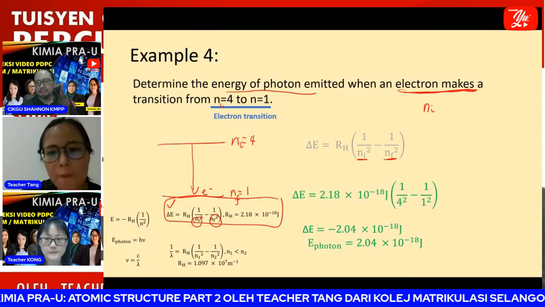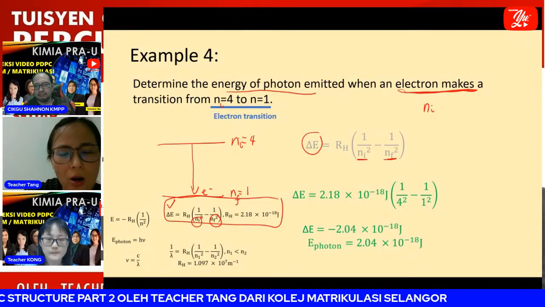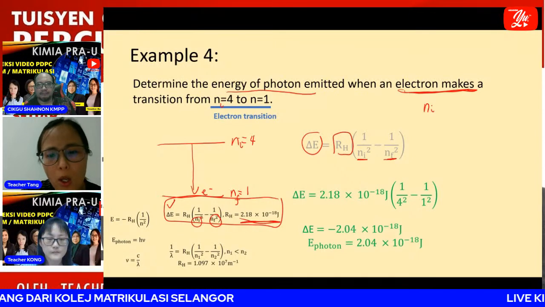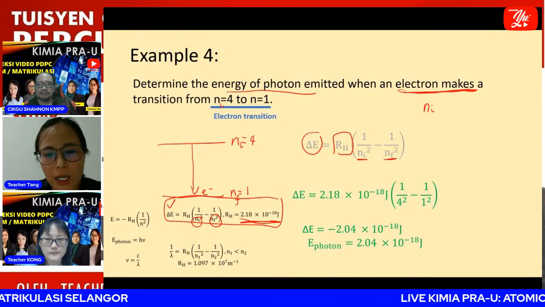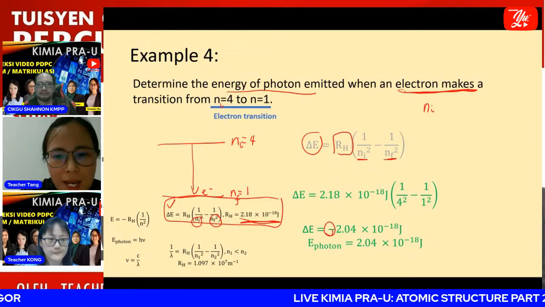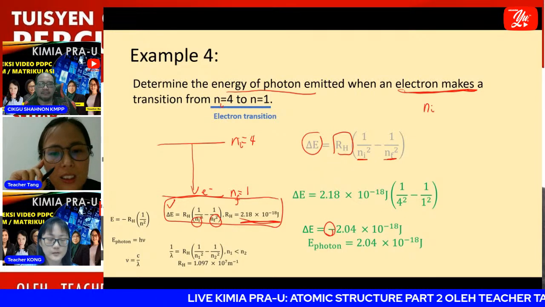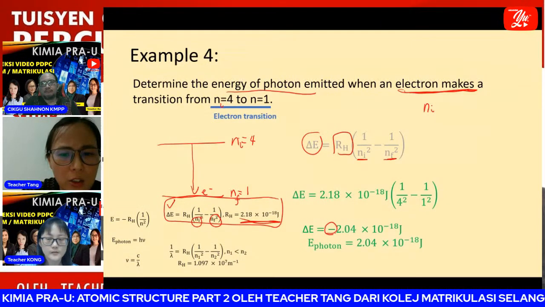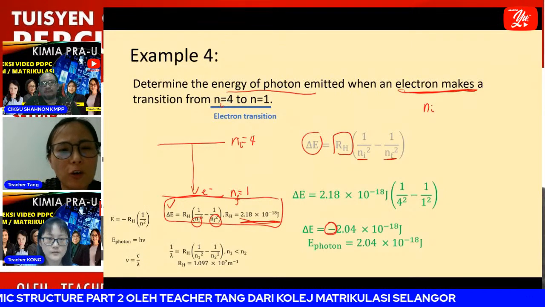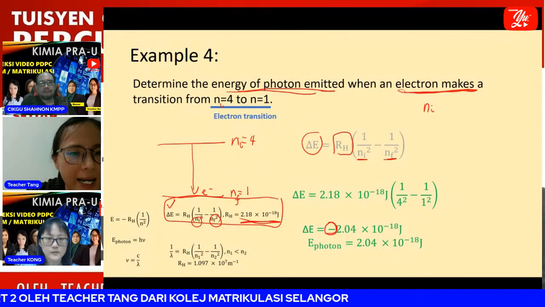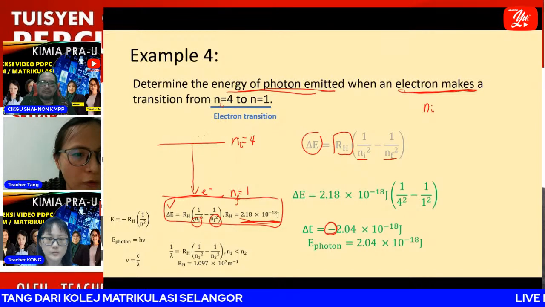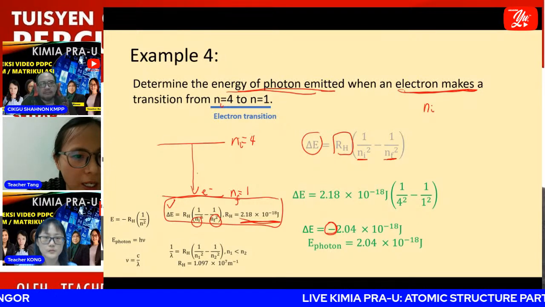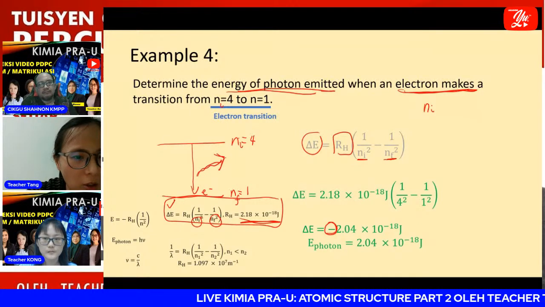Again, this is energy. The Rydberg constant should be 2.18 times 10 to the power of negative 18 joule. And then we will get a negative value. We know that energy is a scalar quantity, so it has no direction. This negative means that the photon is emitted, that when the electron moves from n equals 4 to n equals 1, it emits a photon.